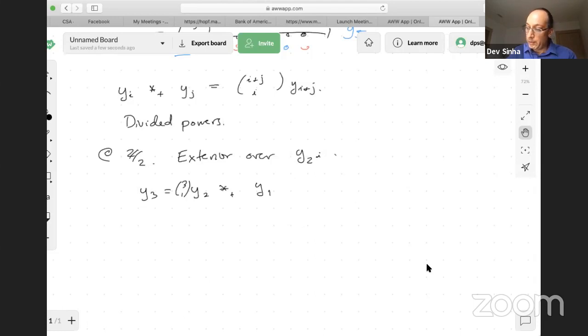And then any one of these, again, there's a little binomial coefficient that you can calculate to say that they annihilate themselves. So we get an exterior algebra at the prime 2 as our divided powers algebra. Okay, so let's now go over to n equals 2.